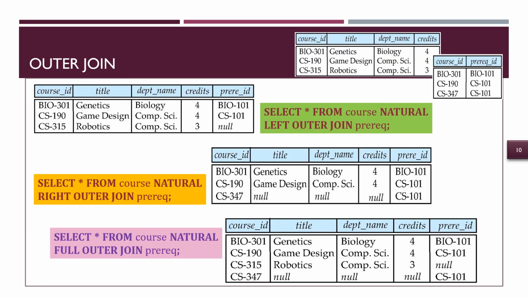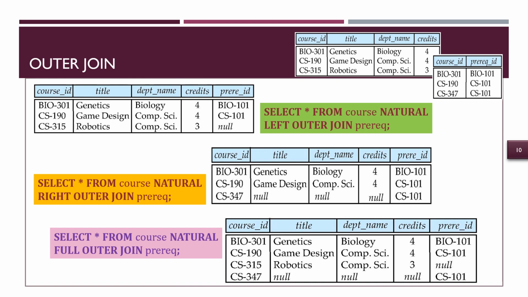To the tables course and prerequisite, we are going to perform the three types of outer join. First, let us look into the left outer join. The syntax is select star from course natural left outer join prerequisite. The left table is course here, so it preserves all the tuples from the left relation.